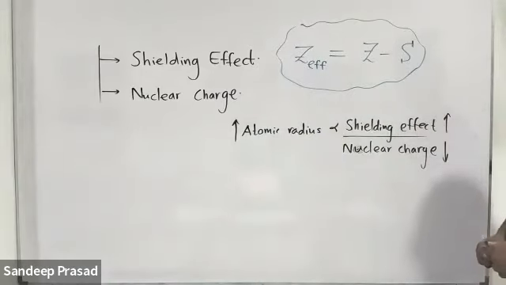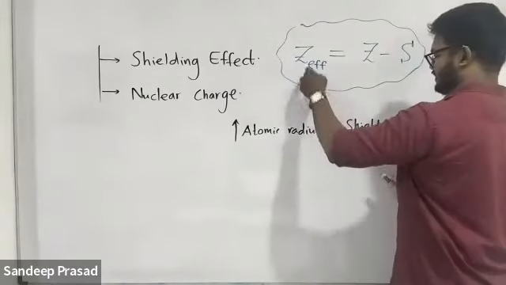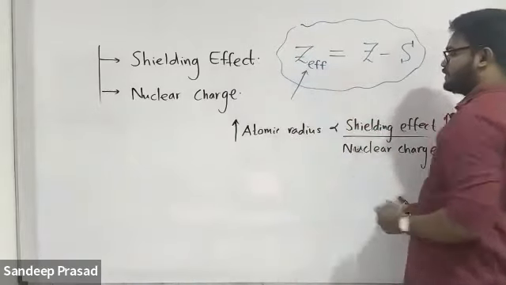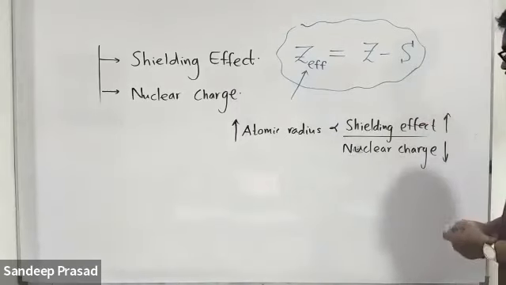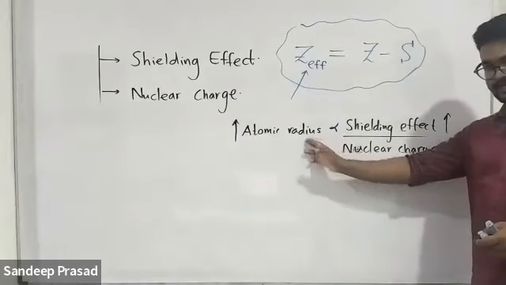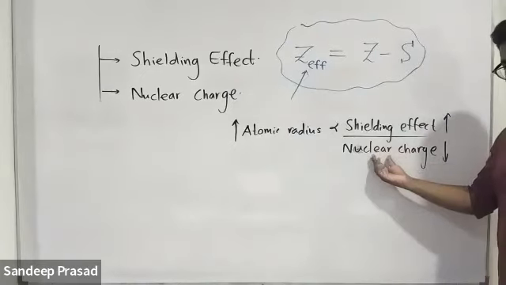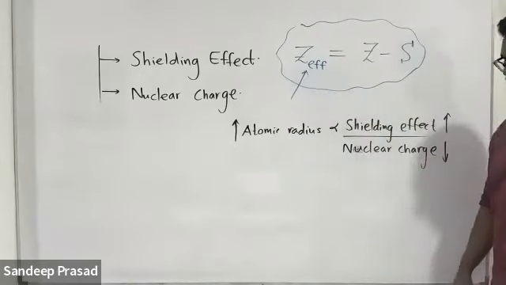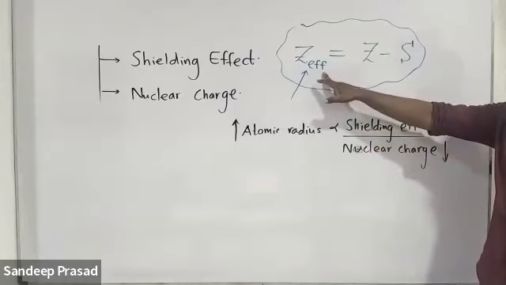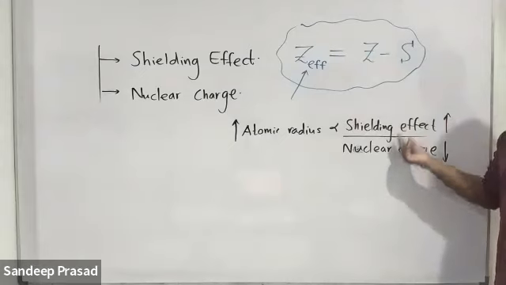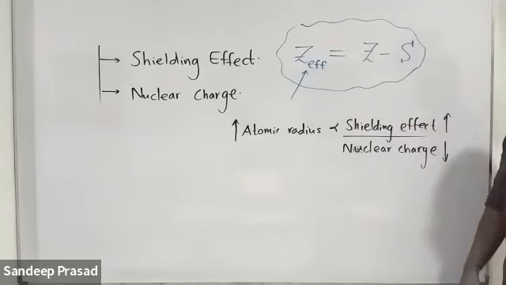Sometimes in order to compare the radius, we can use effective nuclear charge. Effective nuclear charge is inversely proportional to the atomic radius. So that's how the effective nuclear charge is made, by combining the nuclear charge as well as the shielding effect.